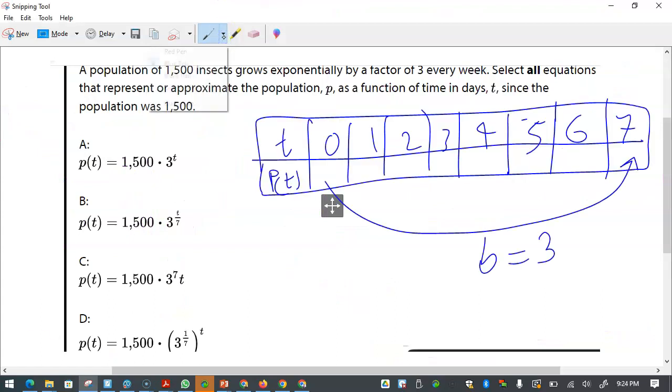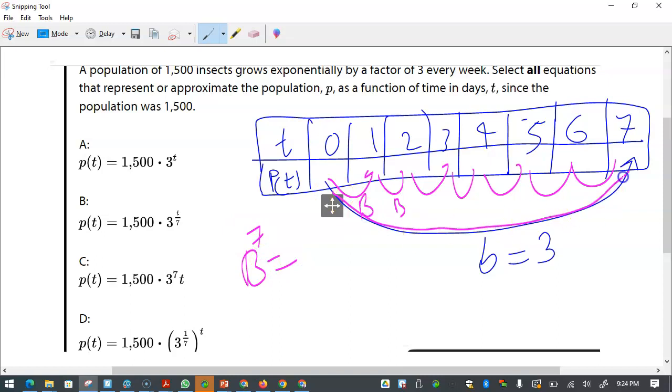Let me do it one more time. Every day will be like once, twice, thrice, 4, 5, 6, and 7. So you have 7 B's, so B raised to 7 equals 3, because you're multiplying 7 times. So this B becomes 3 raised to 1/7. That's the growth factor for every day.